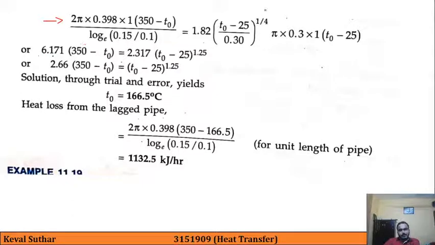So when we put all those values here, only T0 will be unknown to us, and it will be on both the sides, left hand side and right hand side. So we will end up with having this kind of formula.